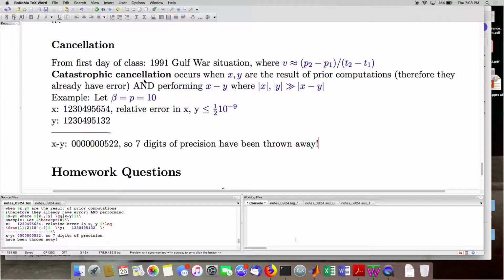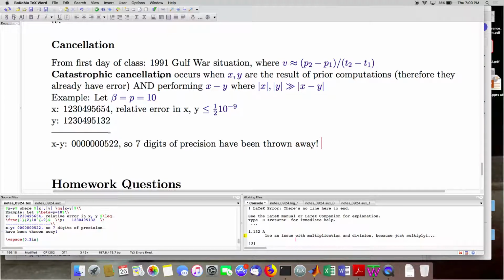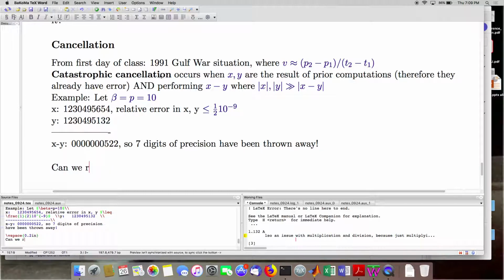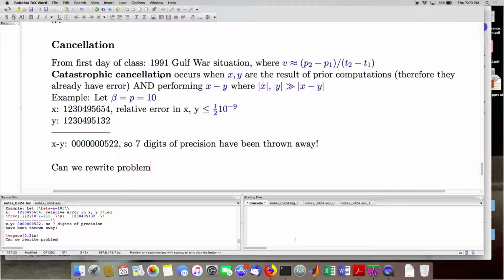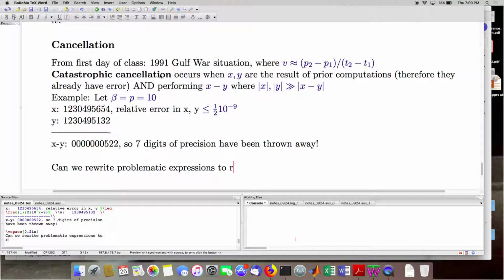Okay. All right. So what I'm going to do is ask: can we rewrite problematic expressions to remove subtractions that can cause catastrophic cancellations?